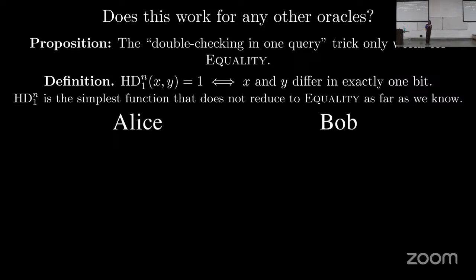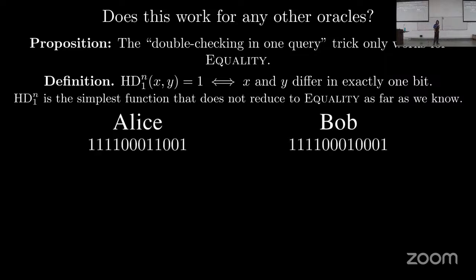How to see this? Alice and Bob have inputs, and they differ in one position. How do we check that? If they differ in 1 or 0 positions, we need to return 1, and if they differ in more positions, we return 0. The idea is that we partition the bits randomly.